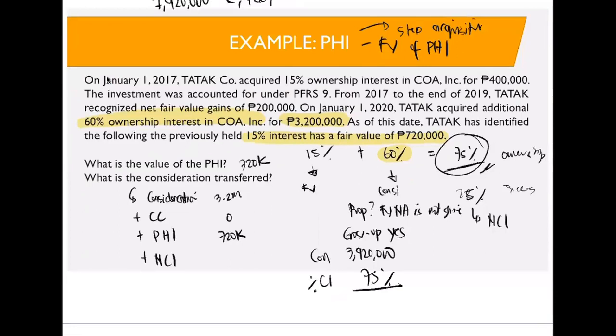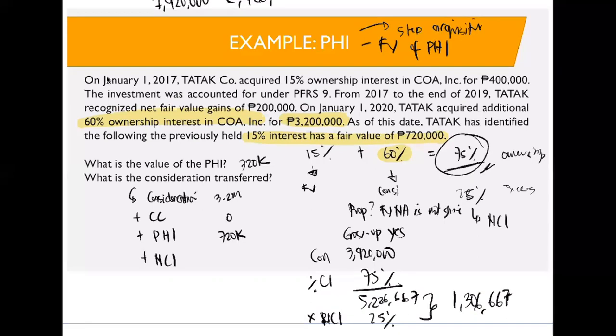So how much is the value? 3,920 divided by 75%. We have 5,226,667 multiplied by your NCI percentage of 25%. So times 25, we have 1,306,667.